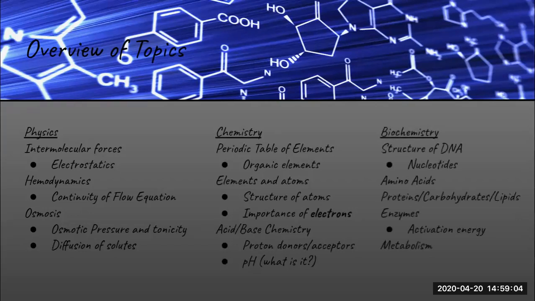And then the biochemistry side of things, which is maybe the most important to understanding biology, I guess: structure of DNA, a little more in depth. I touched on it before, but talking about nucleotides, and then getting into amino acids and proteins.